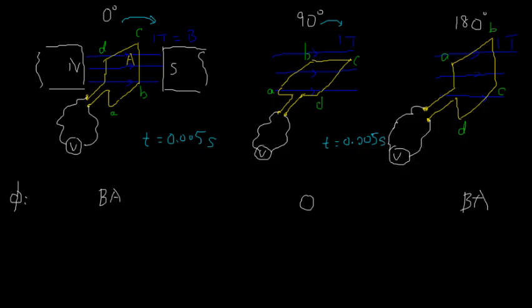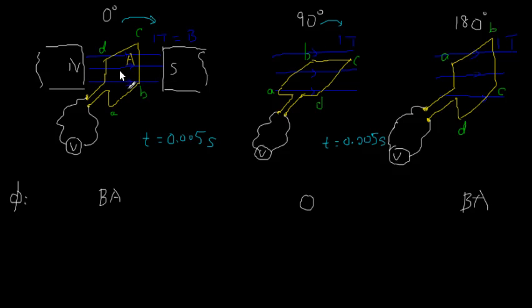Okay, so what I want to do now is to figure out what the direction of the current is in this loop. Does it flow this way or does it flow that way as this rotates to here? As it rotates to here, think about how this changes.